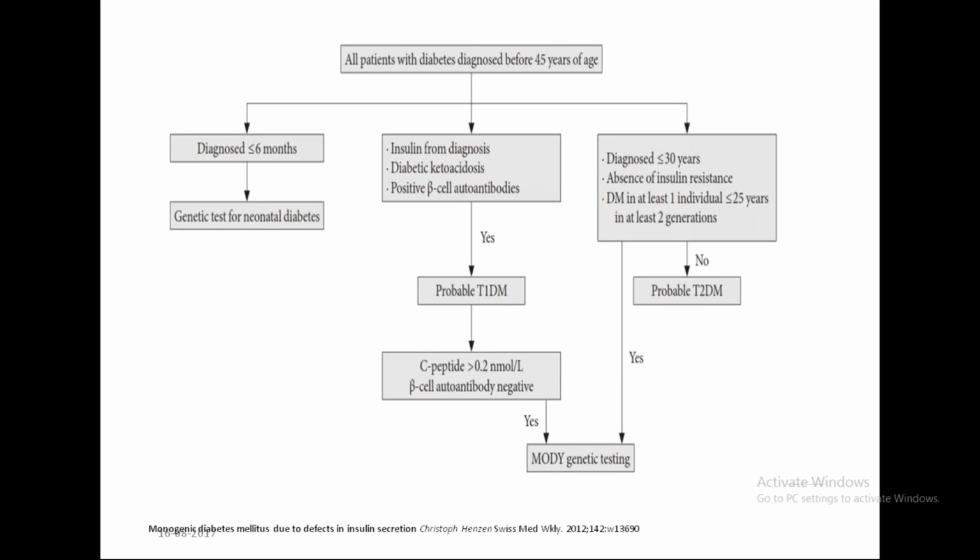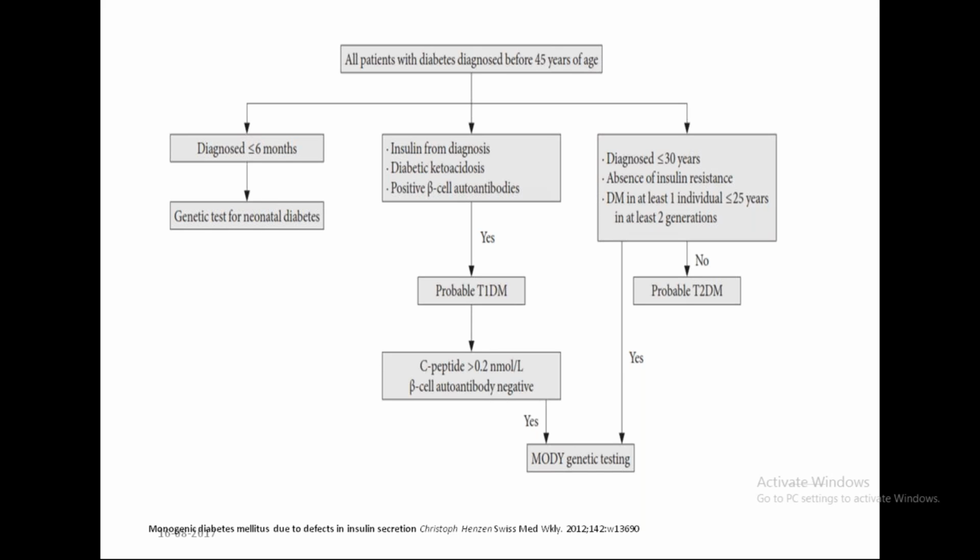Usually the patient is diagnosed before 45 years of age, and diagnosis less than 6 months. You do the genetic testing for neonatal diabetes. And if there is insulin from diagnosis, DKA, positive beta cell antibodies, if anything is there, it is type 1 diabetes. C-peptide levels you do, if it is more than 0.2, then you think of MODY, and if at all there is no autoantibody, then you think in terms of MODY and do genetic testing.